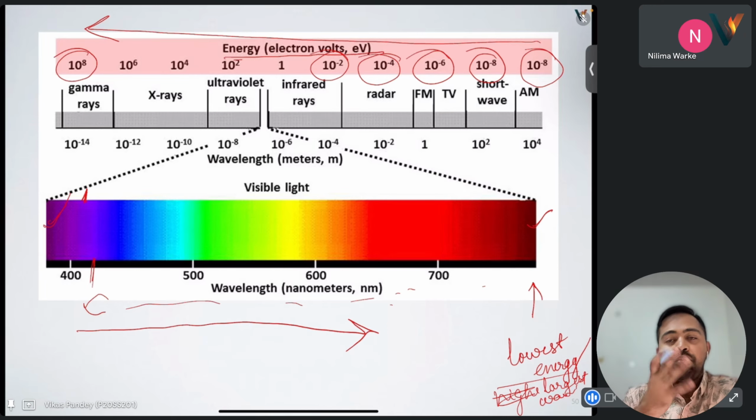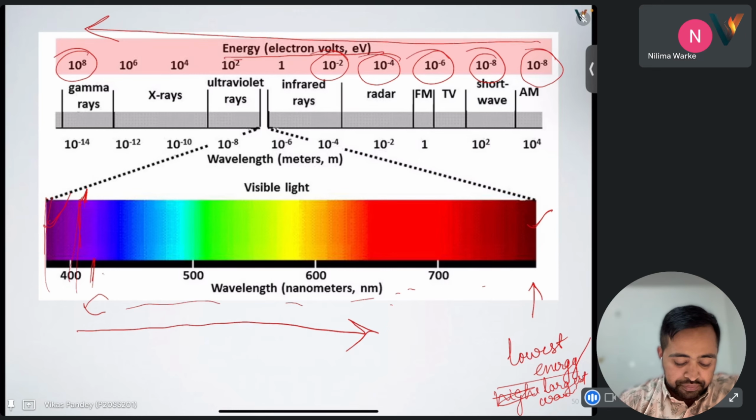Violet light is very uncommon, and not all of violet is visible to us. We are able to see only a very short range of violet.